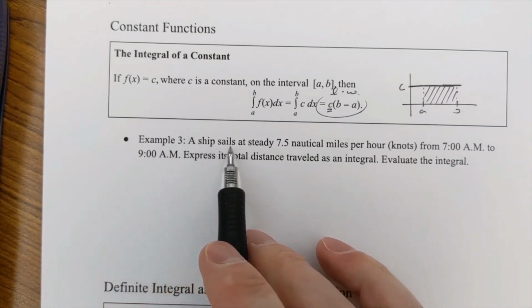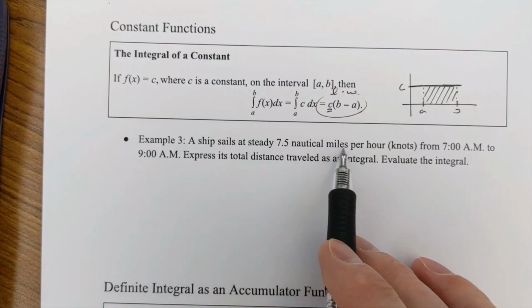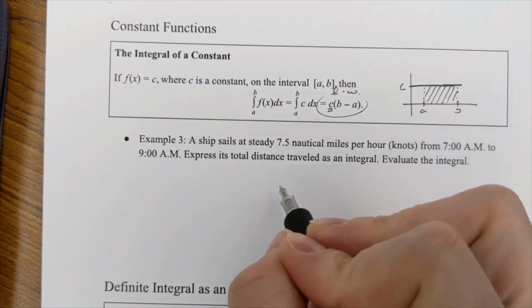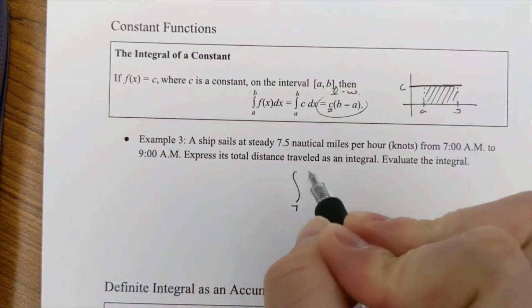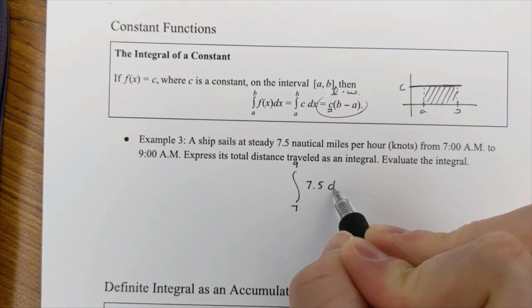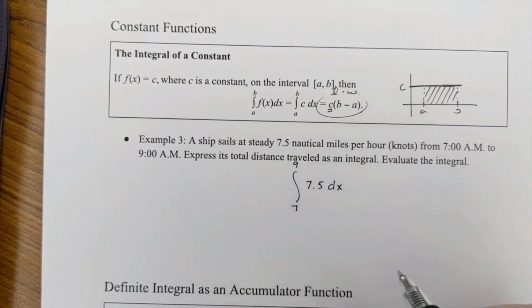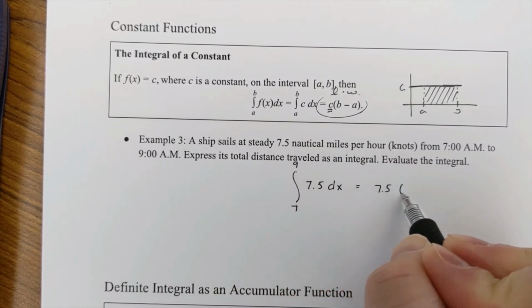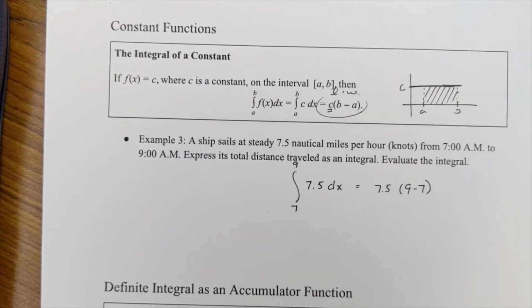Okay, so example 3: a ship sails at a steady 7.5 nautical miles per hour, or knots, from 7 a.m. to 9 a.m. Express the total distance traveled as an integral. So we start at 7 until 9, it's traveling at a speed of 7.5. The variable doesn't matter, so we'll use x, why not? So it's the constant times the difference in the numbers.